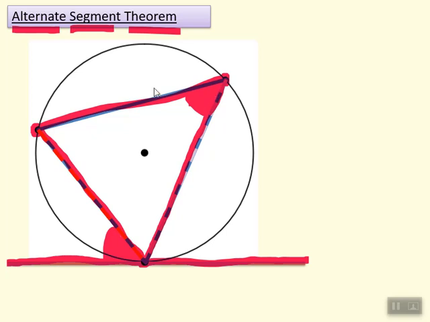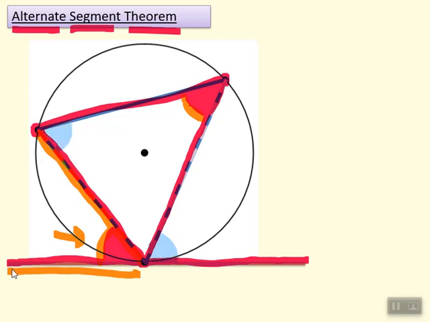The reason it's called the alternate segment theorem is because this chord chops the circle into 2 segments, and the angle in one segment is the same as the angle in the other. By the way, this angle is made from the tangent and the chord. It does stick out of the circle a little bit, but it works in both directions. So this angle here is the same as this angle here.